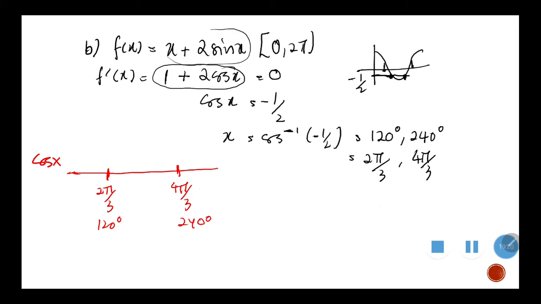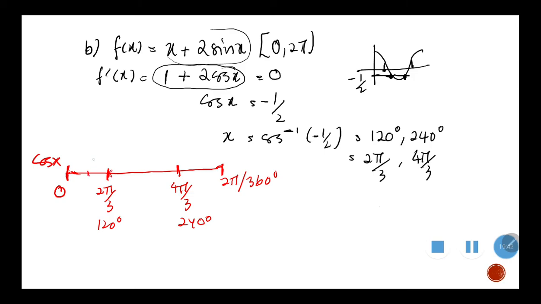We find any number less than 120 degrees, and for the others 240 degrees, if you're not familiar with radians. Anything less than 120, of course, I will choose 0. The interval is 0 to 2 pi, so you have to stop at 360 degrees. In between, let's say I take 60.